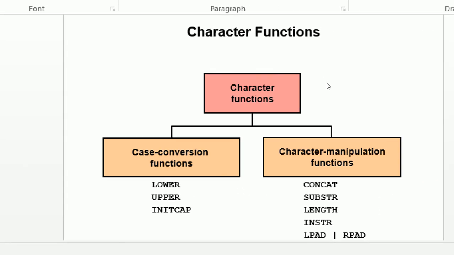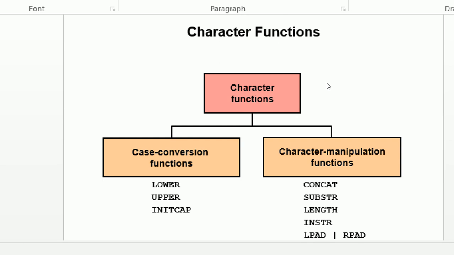So let's come to the character functions. Character functions are of two types. One is the case conversion functions. Clear? We have functions named LOWER, UPPER and INITCAP. Initcap means the first letter should be capital. Upper means all the letters of the column or word where you are applying this function should be in capital letters.